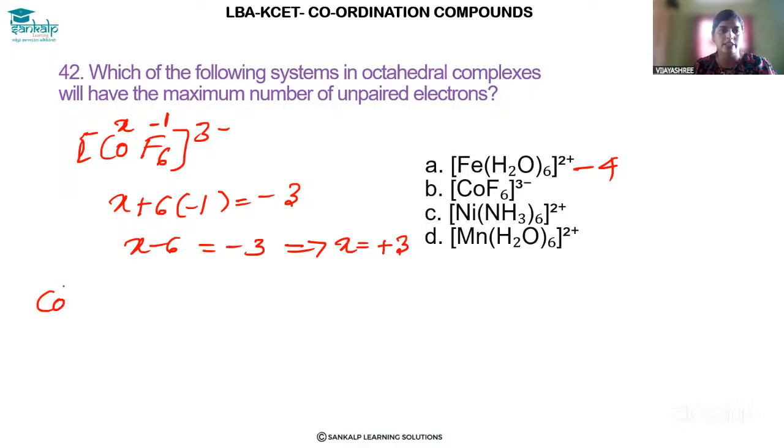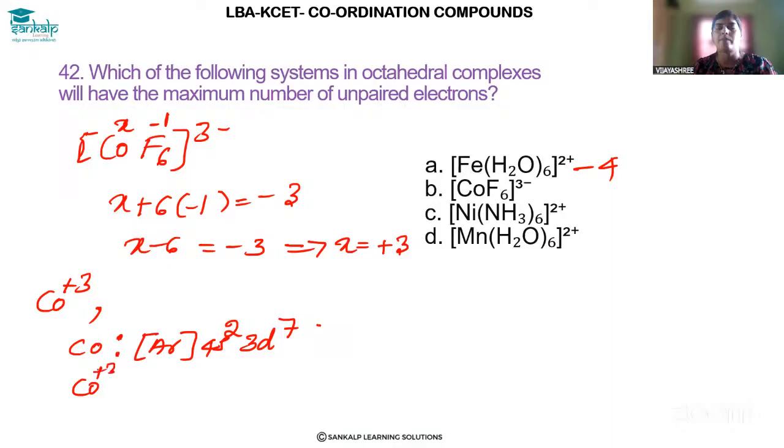So it is in the state Co3+. Now let us write the neutral cobalt configuration. Cobalt atomic number is 27, so there are 27 electrons. We have to distribute 27 electrons. So the electronic configuration of cobalt is argon 4s2 3d7. Co3+ means 3 electrons are lost from neutral cobalt.